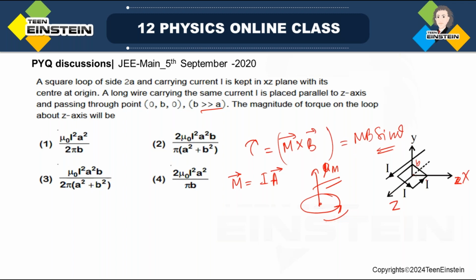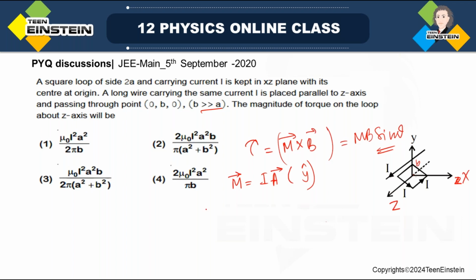The direction of the magnetic moment will be along the y-axis, that is for sure. So A is along the y direction. This is very clear.